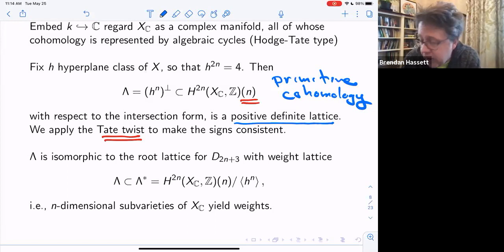The associated weight lattice is given by the saturation, the image of the full integral cohomology modulo the hyperplane class. And n-dimensional subvarieties of X, like lines on a quartic Del Pezzo surface, yield weights in this lattice.